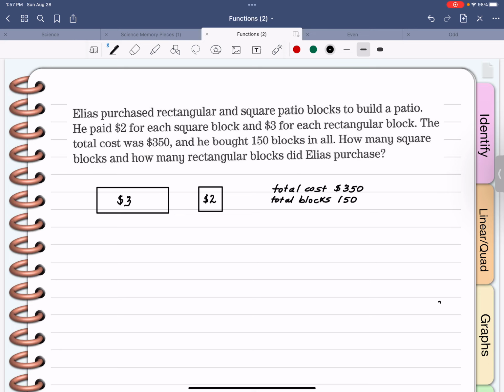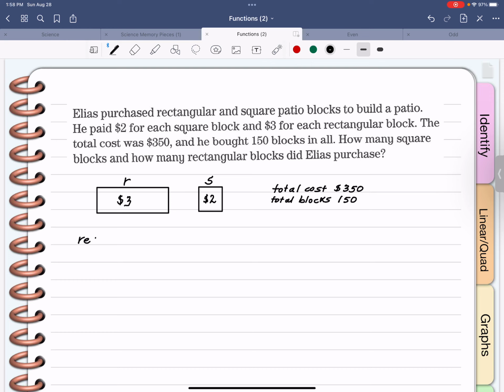So they've given us lots of information. They've given us shapes. They've given us money. So we have to figure out how to relate all of this stuff together into one situation. That's where a system of equations comes in. So I'm going to let these be the R's and these be the S's, rectangular and square.